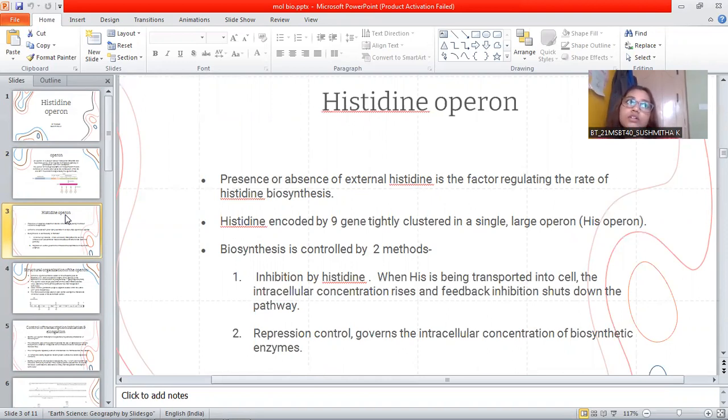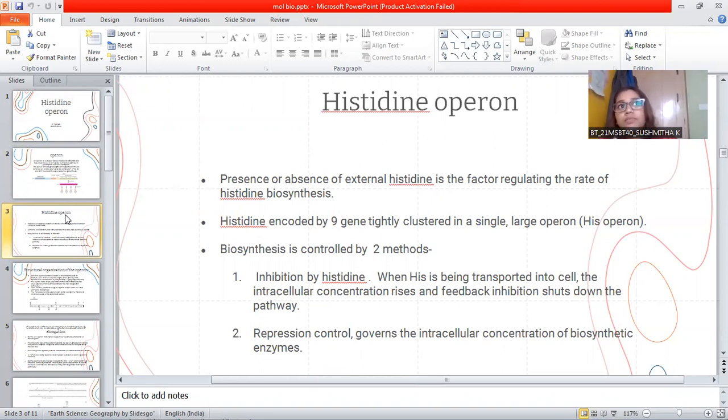The biosynthesis of histidine is controlled by two methods. One is by inhibition by histidine. When histidine enters into the cell, the intracellular concentration is increased, and because of this, feedback inhibition takes place.